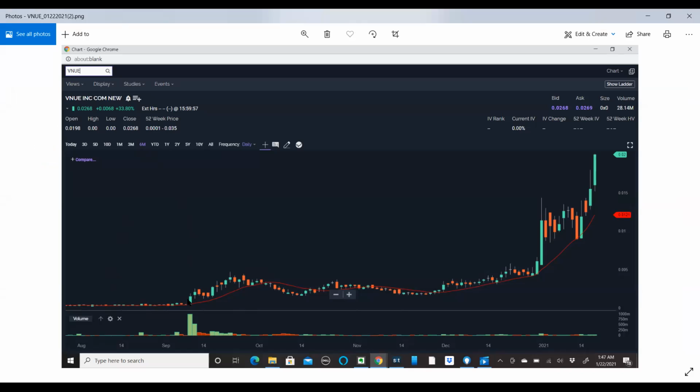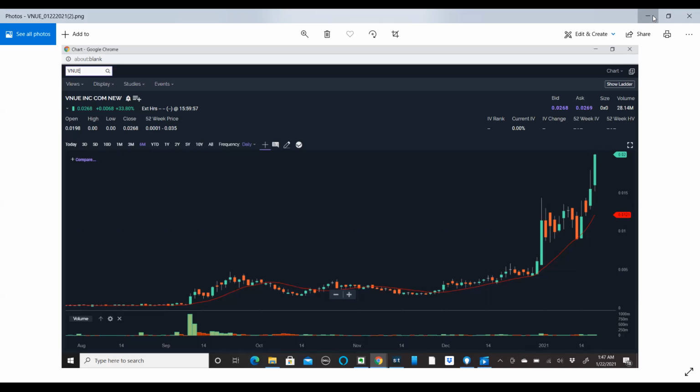As you can see, VNUE spiked initially for 2 days here, crashed for 3 days, and then ran for 5 days right here. So the spikeability on this stock, it has spiked one time here, and it's now spiking here now. So it's spiking twice within a 6 month time period. So that's good spikeability for me.